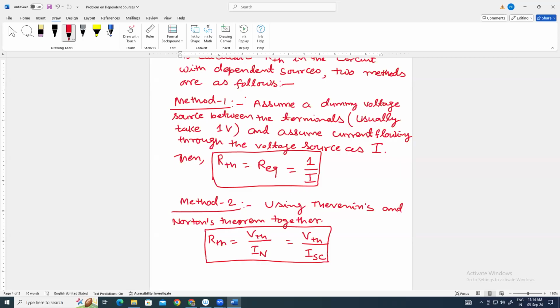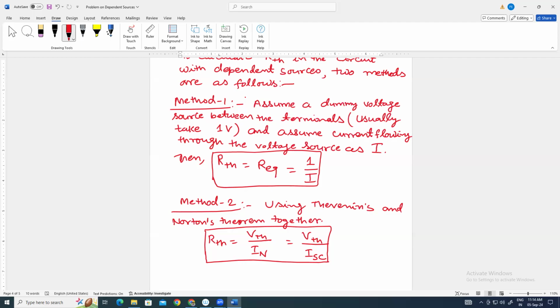Either we can assume a dummy voltage source and the current flowing through that voltage source, and when we calculate the voltage source divided by the current value, that will give us RTH. Or in the second method, using the property of dual nature of Thevenin's and Norton's theorem, it is just source conversion only.